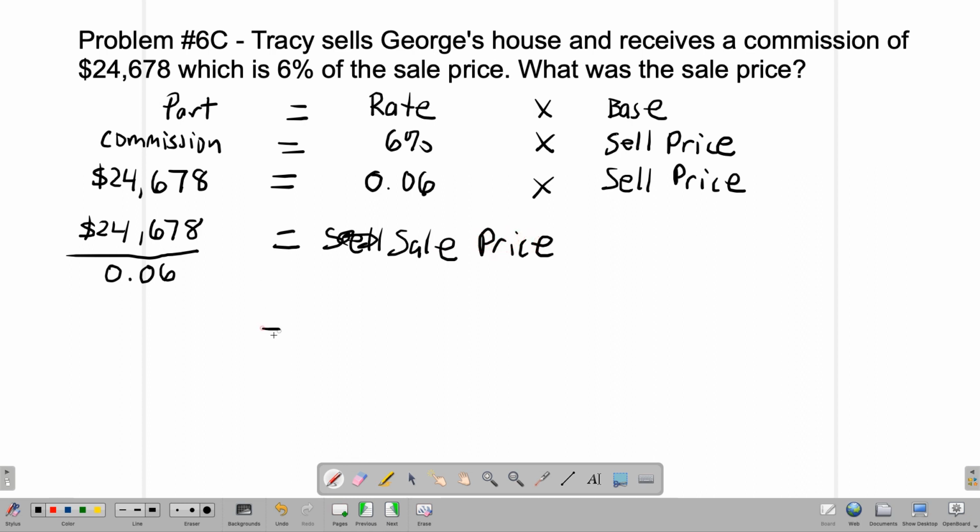So we have the value 24,678 divided by 0.06, and it shows a value of 411,300, and this is what we wanted to show.